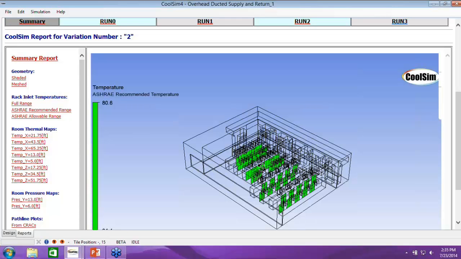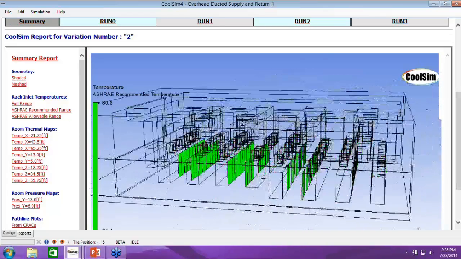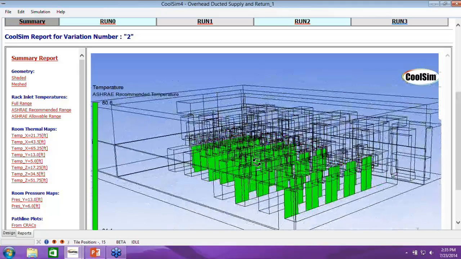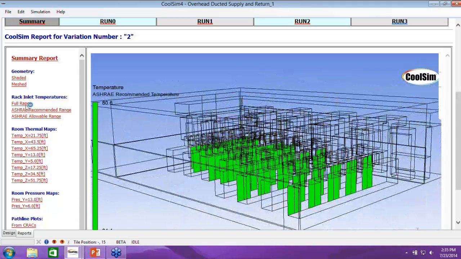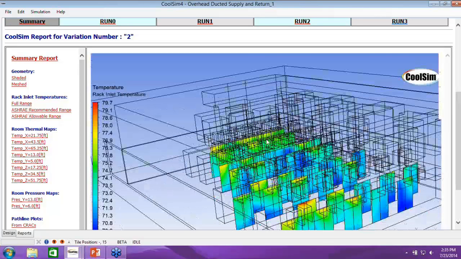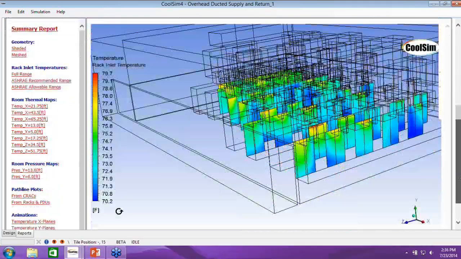So now let's take a look again. You can see that our rack inlets are perfect in terms of temperature. They conform. If we take a look at the full range of them, we're still going to see a little bit of deviation. We still got a little bit of heat over there in that range, a little bit of non-uniformity. But look here at the temperature range. It's only 70 to 79.